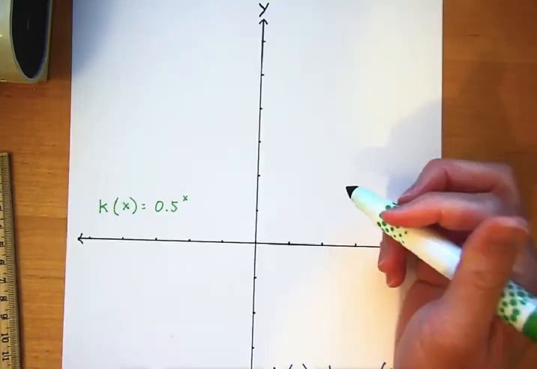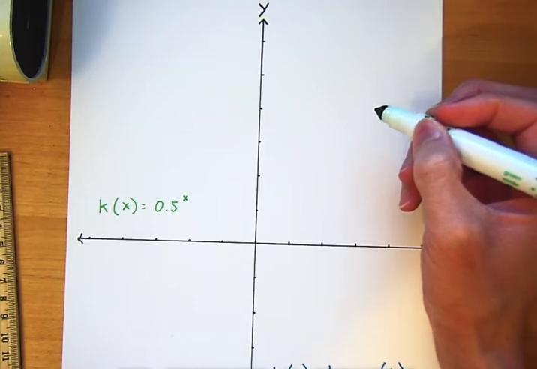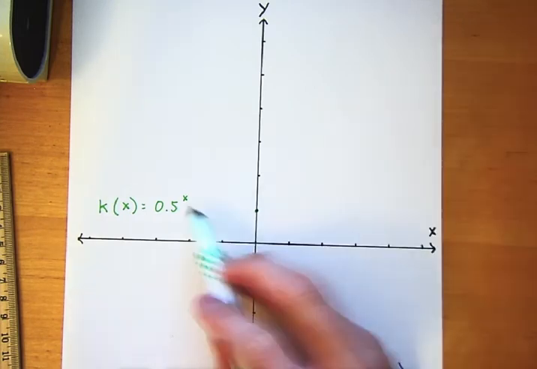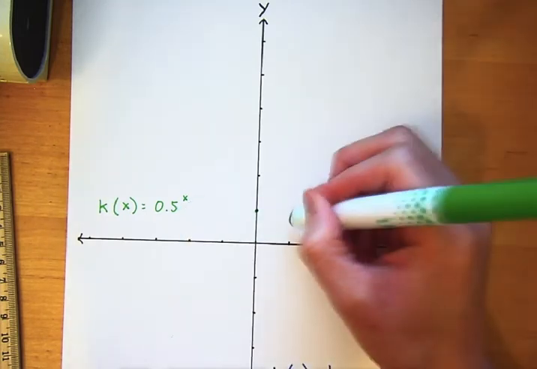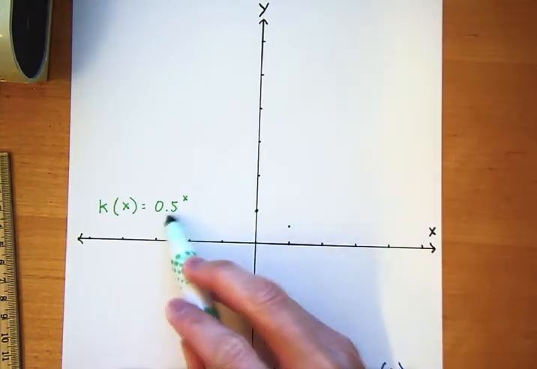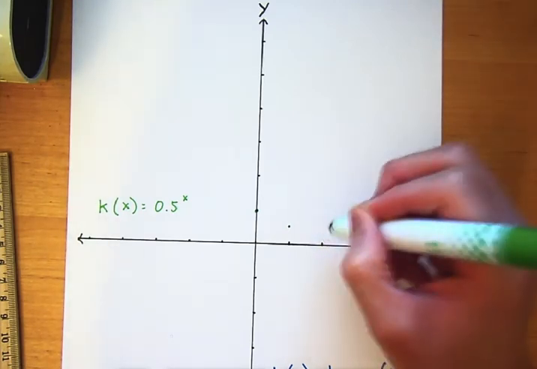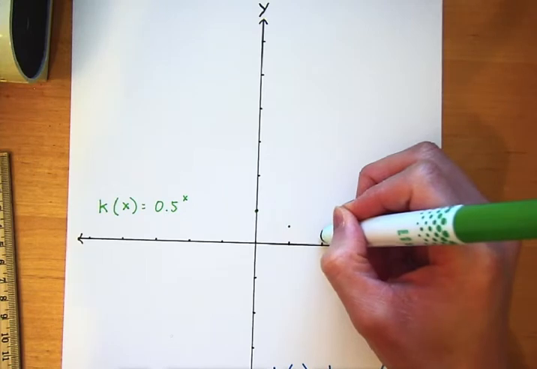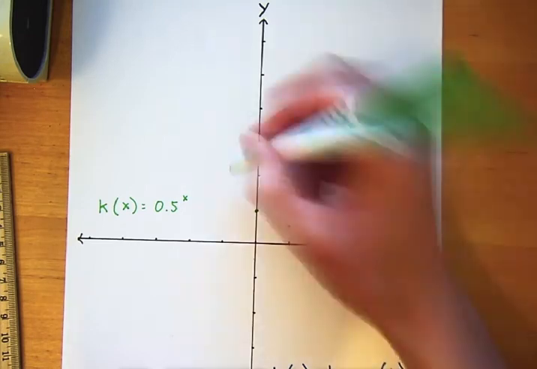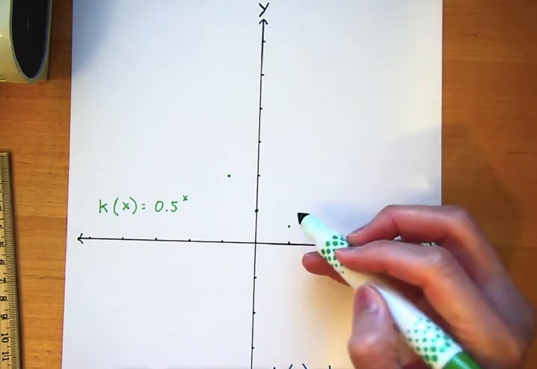Okay. So for this equation right here, once again, when x equals 0, y is equal to 1, so it goes through this point right here. When x equals 1, 0.5 to the 1 power, y is equal to 0.5. 0.5 to the 2 power, 0.25, or 1/4. 0.5 to the negative 1 is 2. 0.5 to the negative 2 is 4.